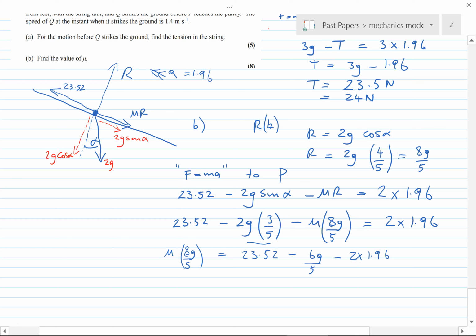Okay, working this bit out here, 8g over 5 is 15.68 mu. I'm working out all of this stuff here. That works out 7.84. So when we divide it, we get mu is equal to 0.5 exactly. So we can just leave it as 0.5.